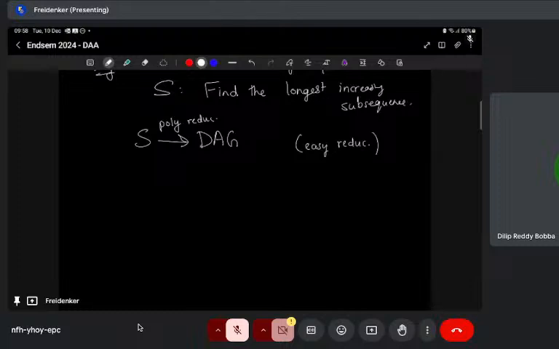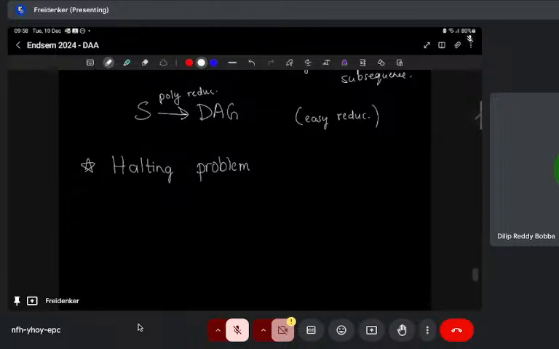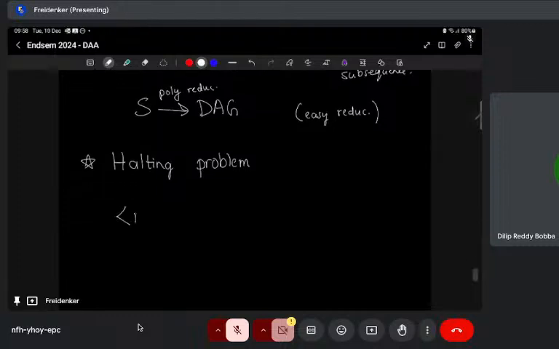Okay, halting problem. What is the halting problem? So the halting problem is like this. Let's say your input is some M comma W, where M is a Turing machine and W is a string. Same old story.